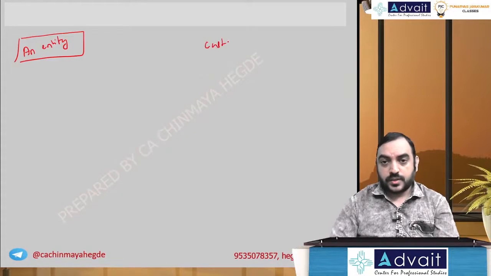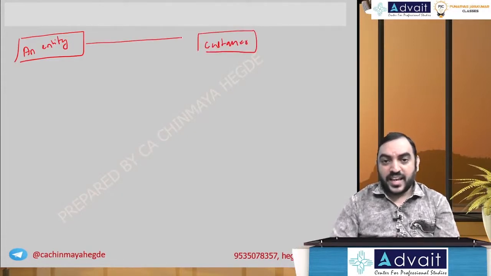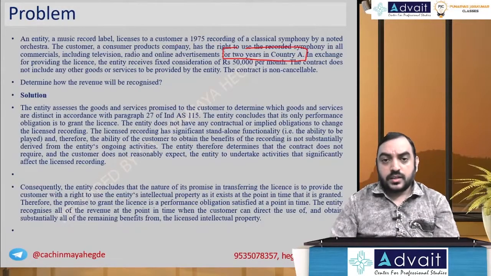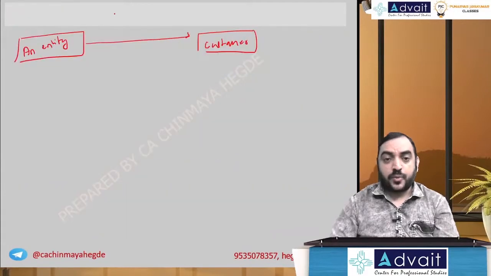There is one entity, a music record label, and there is one customer. What have they given? A license to use a 1975 recording of a classical symphony.